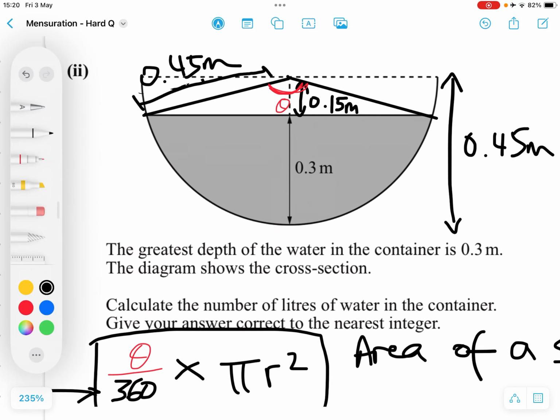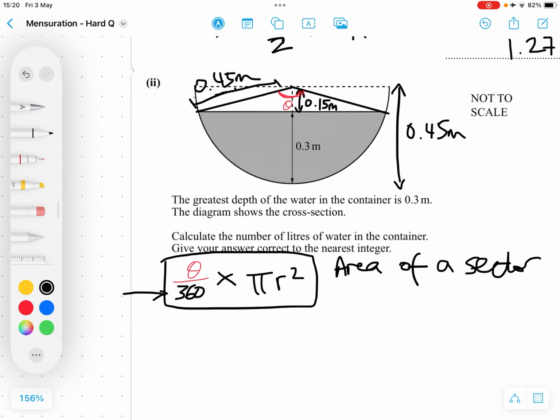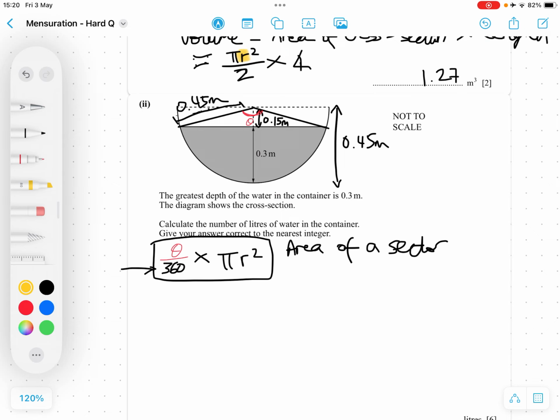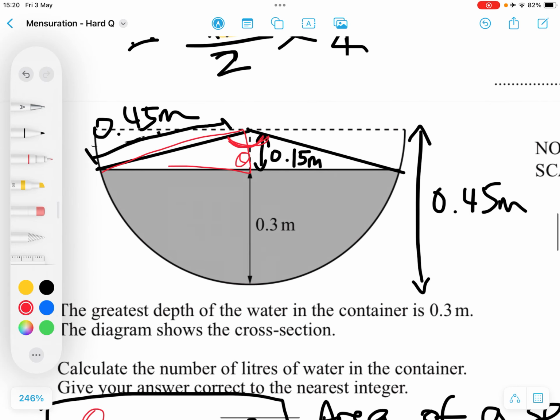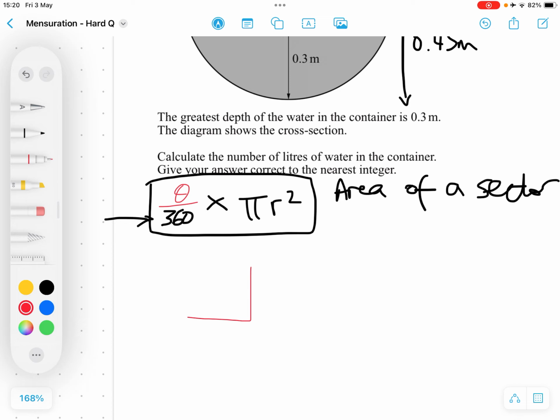Well, we have two triangles here. Let me redraw this. We have one triangle right here, which is right angled.